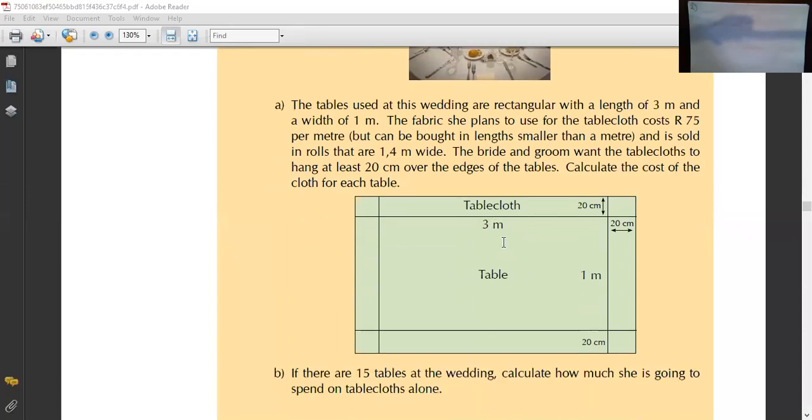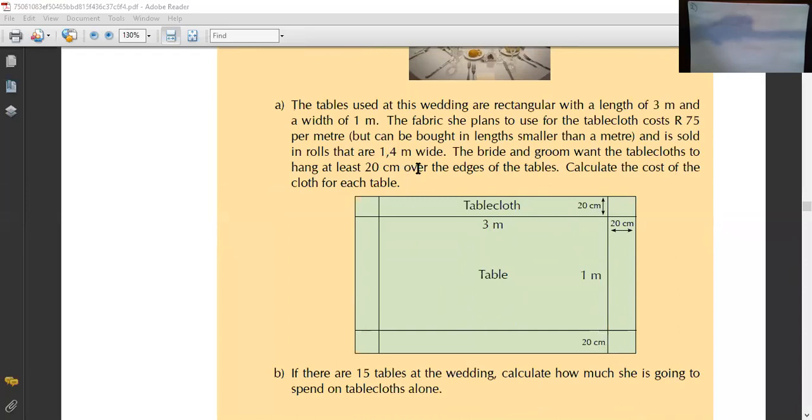So this is the table that she has to cover. We have the table, and this is the tablecloth that is hanging on the side.